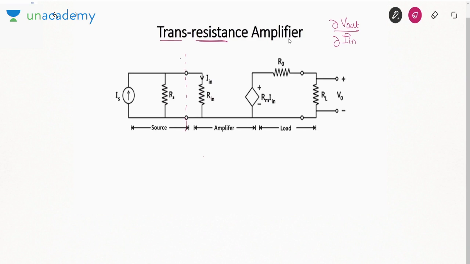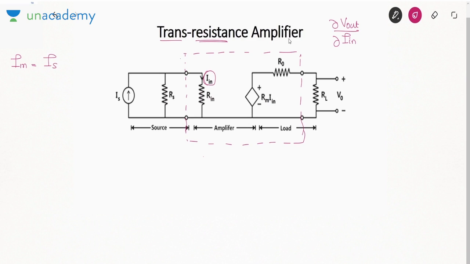Now this portion between the terminals is your amplifier. Now I want to find the value of V0. First of all, I'll find I in. The input side circuit is a parallel circuit, so I will apply current division.